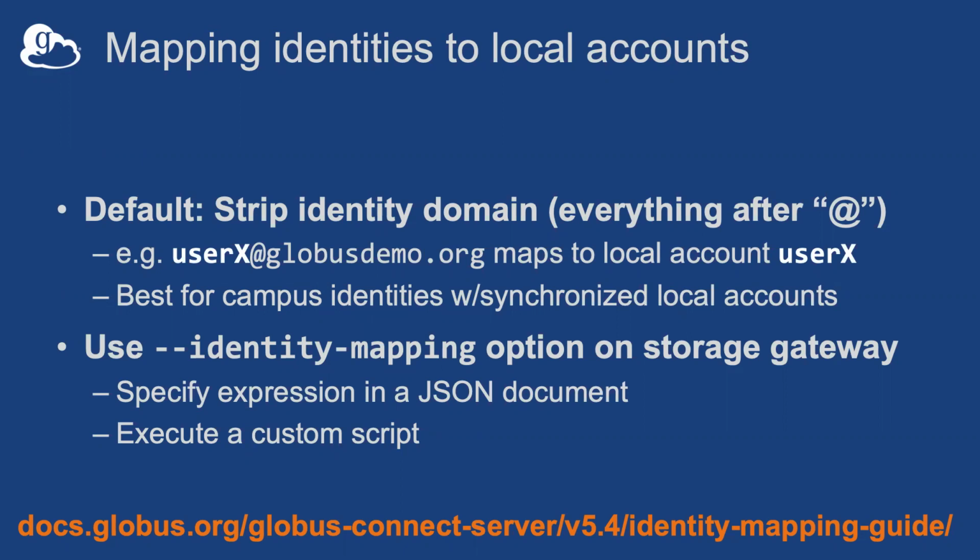Or if you need to do callouts to other services to get the local account information, that's possible as well, right? Again, the vast majority will use the first option we have there. The majority of the deployments end up using that, but for those customized deployments, you can also do your own processing of the security context to determine what the local identity is, right?